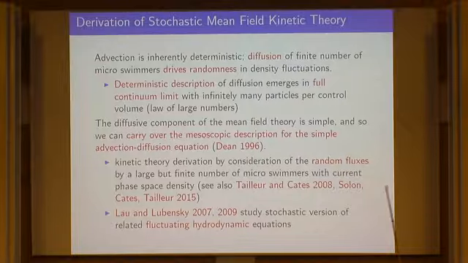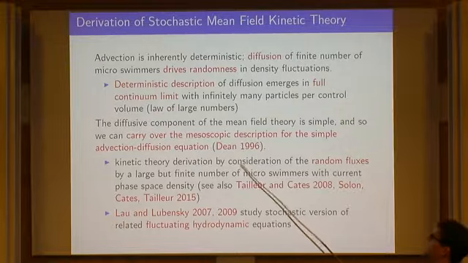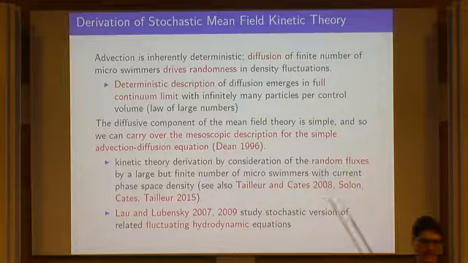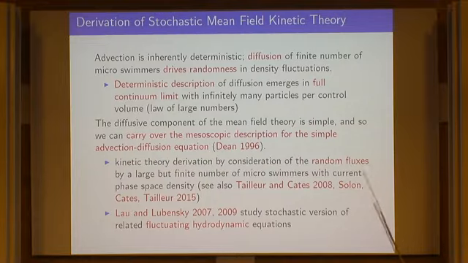Nonetheless, there is another theory that is also relatively easy to implement once you realize it, that was developed by Dean, and what he did was to show it for just stochastic advection diffusion. You just have particles moving around in a flow with some diffusion, and I don't want to just look at the smooth concentration profile, I want to keep track of finite number fluctuations, right?